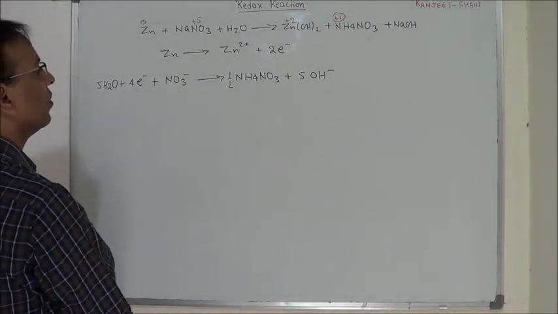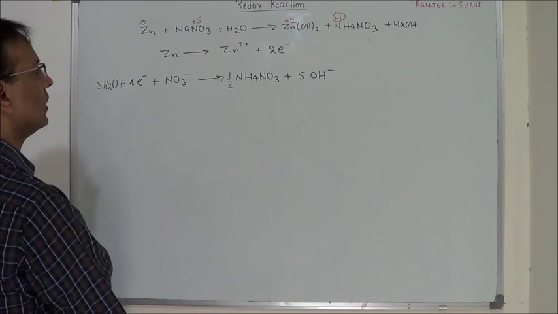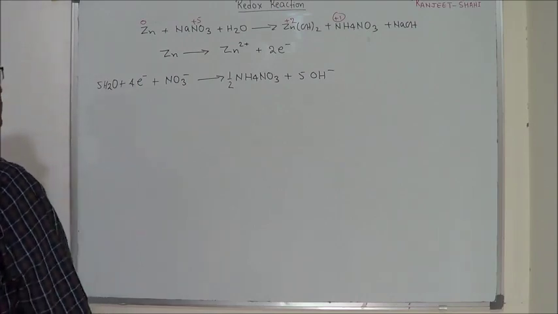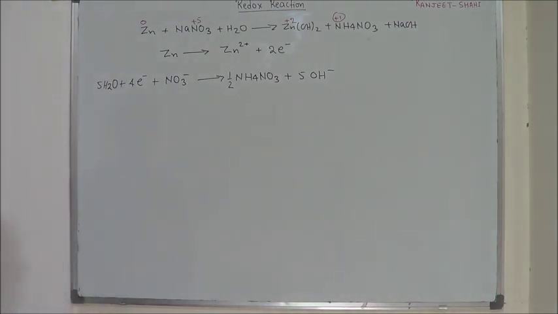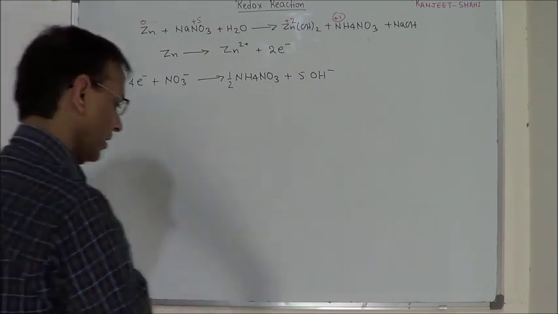Minus 1, minus 5, so minus 5, the charge is balanced. How can hydrogen and oxygen be balanced? Just one second.